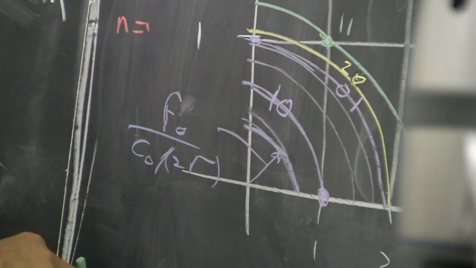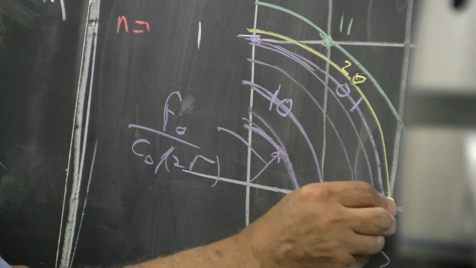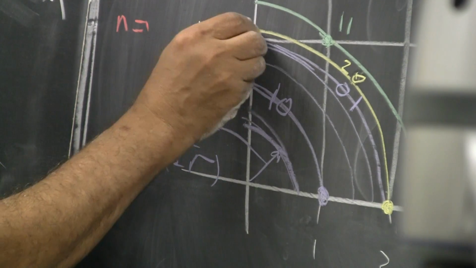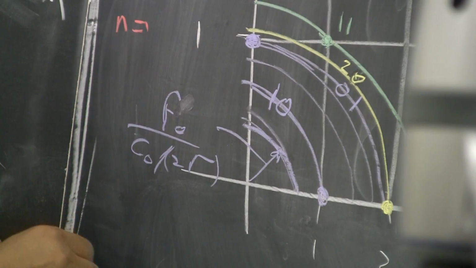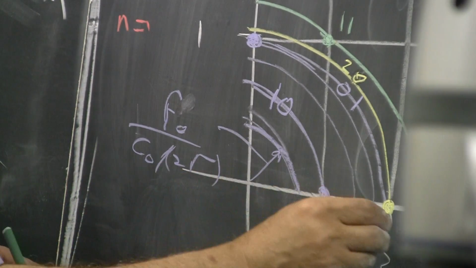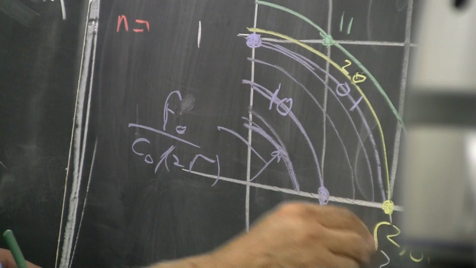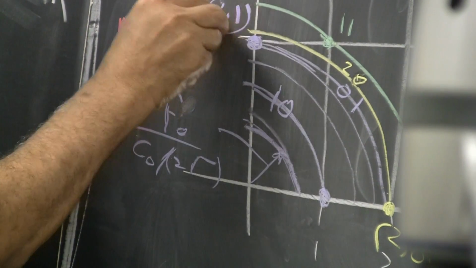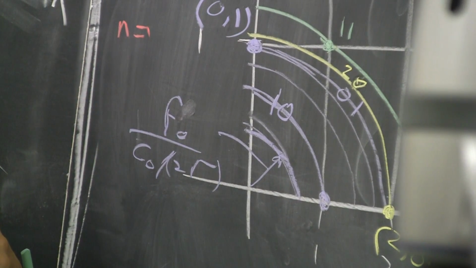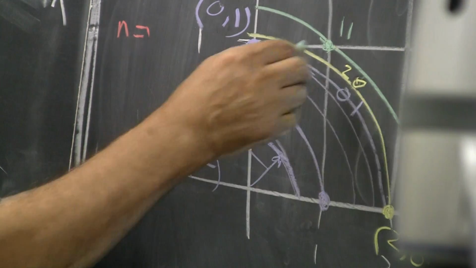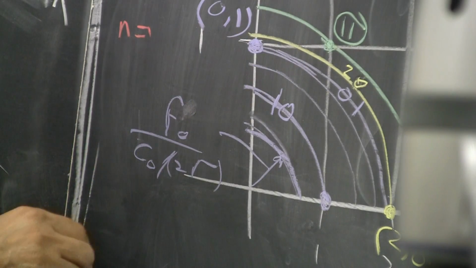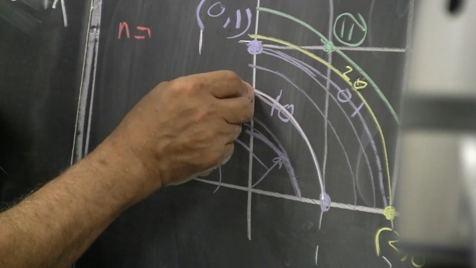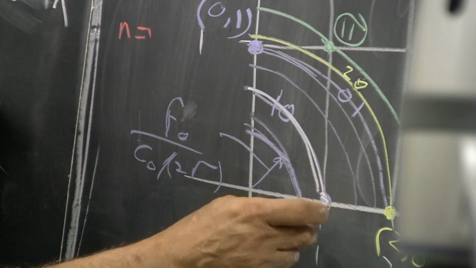The yellow one here was a 2-0, and the blue one here was a 0-1. That's 2-0, and this one here was 0-1, and this was the 1-1. And I had this one, I'm going to make this white, which was the 1-0.